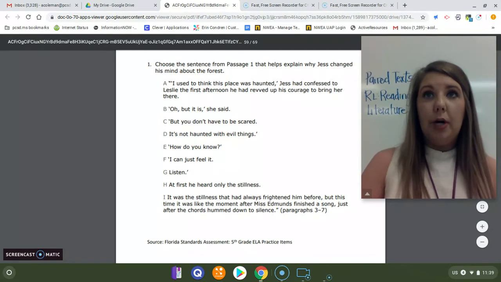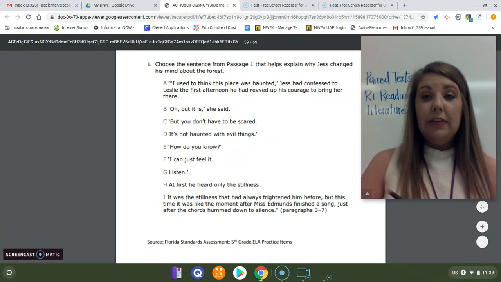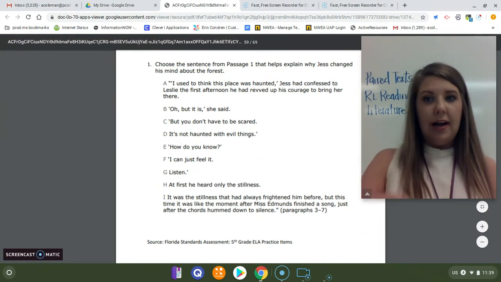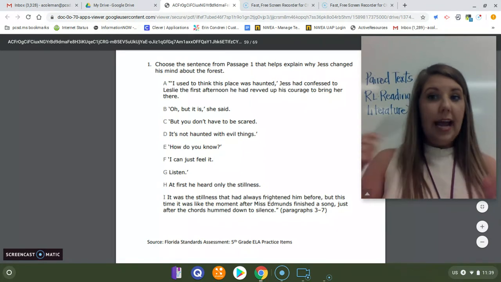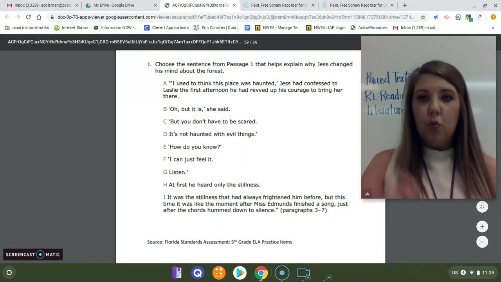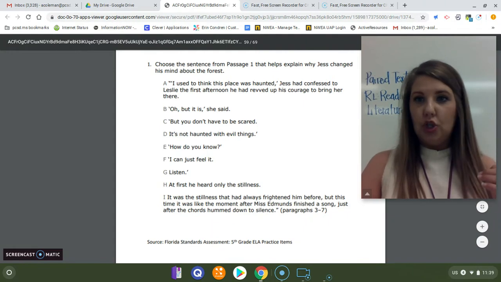So on your paper, if you have notebook paper, you would be writing this down. And if you have your packet, you can either highlight or circle, underline, draw an arrow, however you see fit to do that. But passage 1 is very important. Choose the sentence from passage 1. That lets us know that we're not going to be looking at passage 2 for this question.